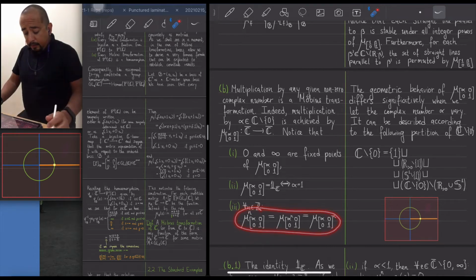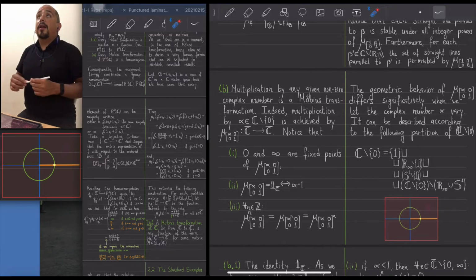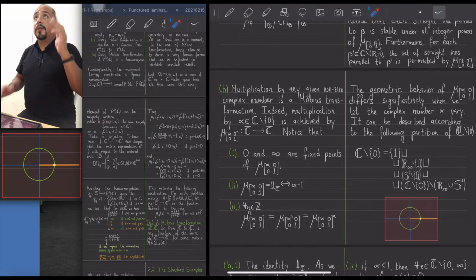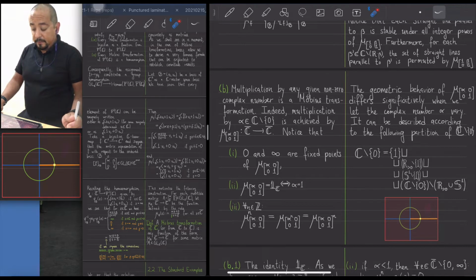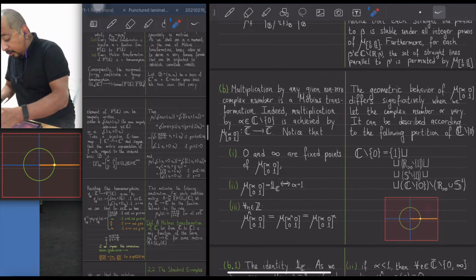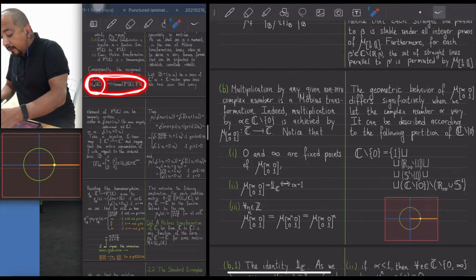which can also be seen as something that we already proved, namely that associating to each matrix its Mobius transformation is a group homomorphism. And then you may say, no, wait, you didn't really prove that, because we proved that we have a homomorphism from the group of invertible C-linear transformations of C squared to the group of homeomorphisms of P1.